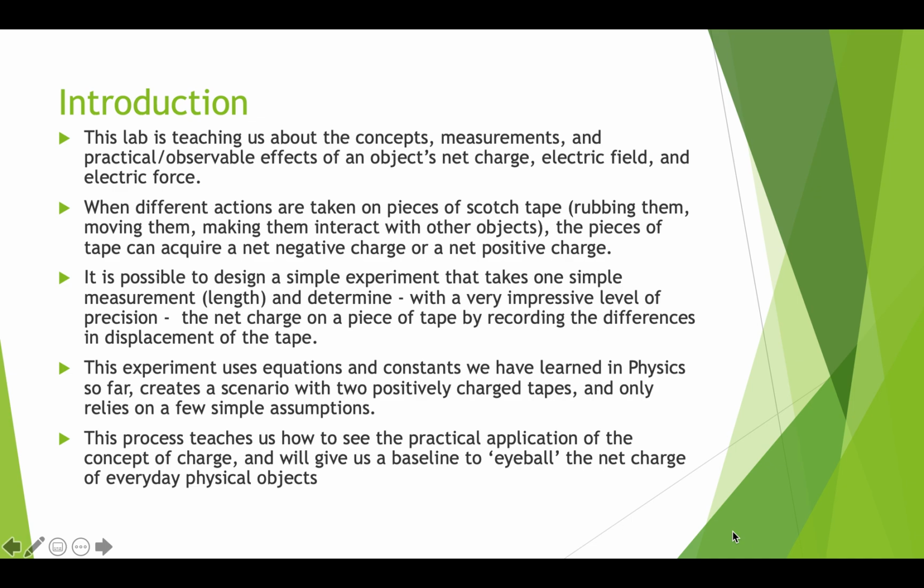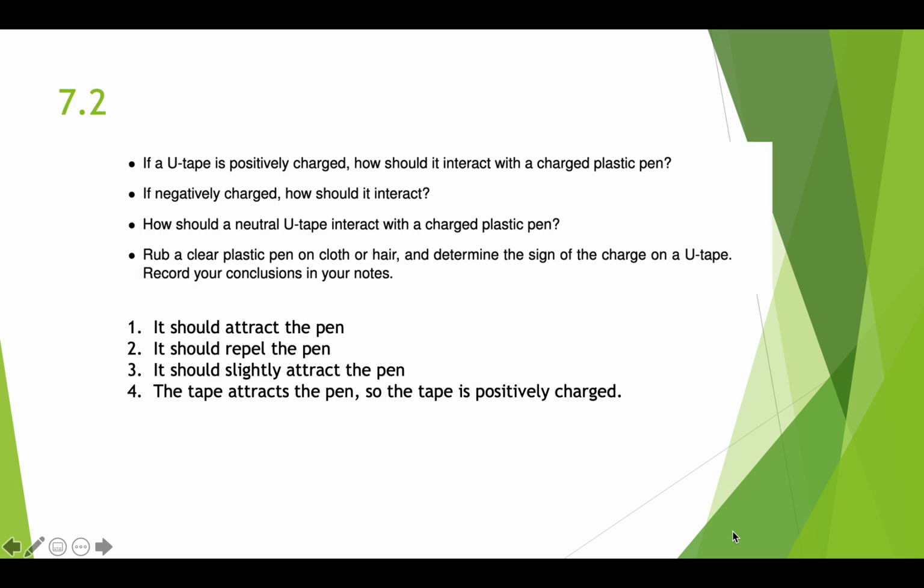This experiment only uses one measurement really, which is using a ruler, and uses the equations and constants we've learned in physics, and only a few simple assumptions to get us to this end result. And this process teaches us how to see the practical application of the concept of charge, which can be sort of hard to visualize in real life.